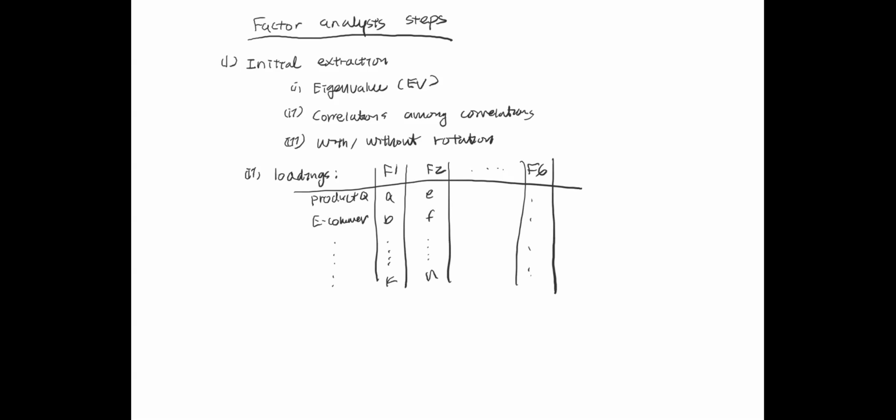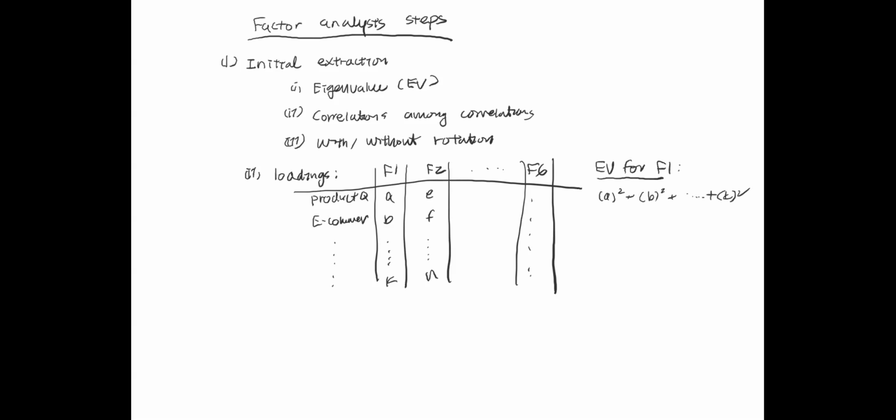So say this is the factor loading matrix, and how do we compute the eigenvalue, for example for factor 1? I believe you already know this, but I will quickly review. A squared plus B squared, all the way to K squared. This is how we get the eigenvalue.